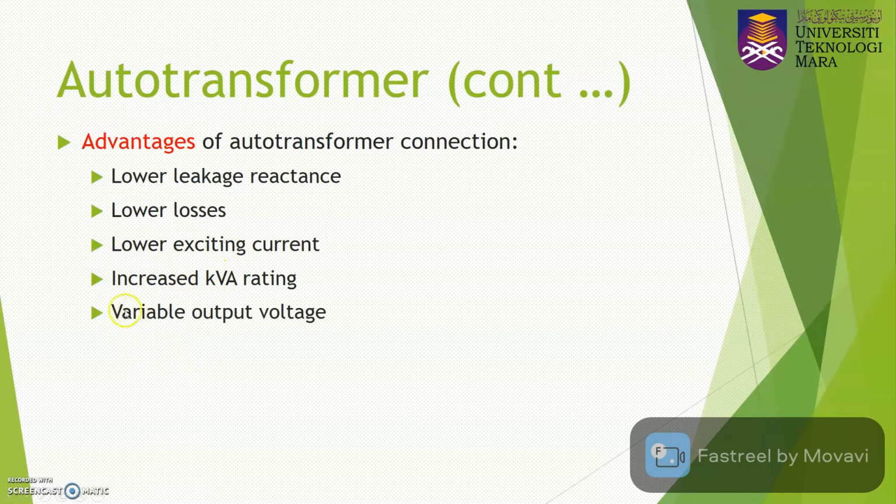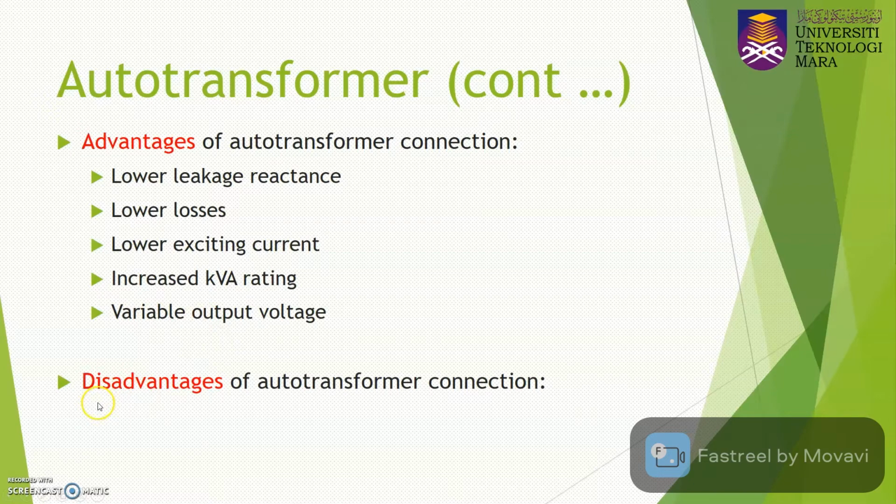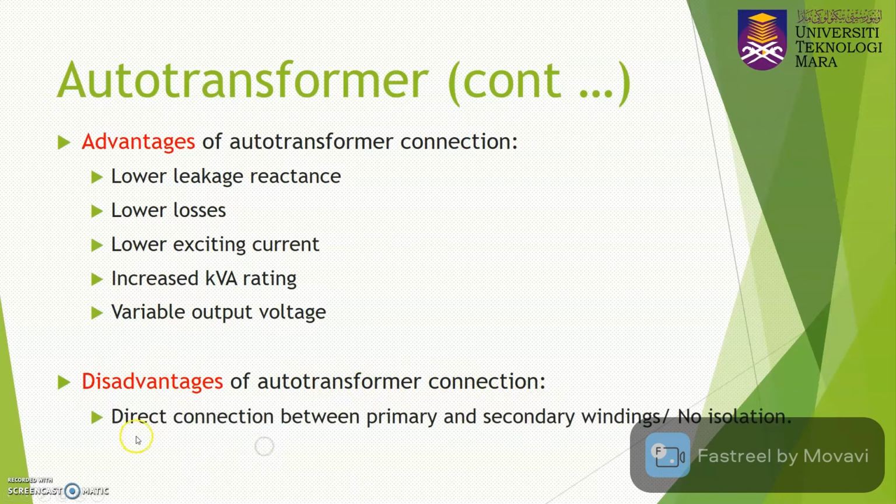By using the autotransformer, you can also have a variable output voltage by changing the tapping at the secondary winding. However, the disadvantage of using the autotransformer connection is the direct connection. When you have a direct connection between the primary and the secondary winding, it means that there is no isolation between the primary and the secondary part.